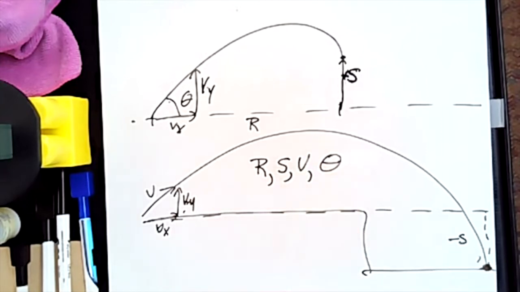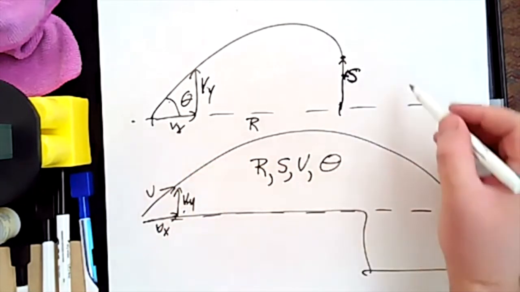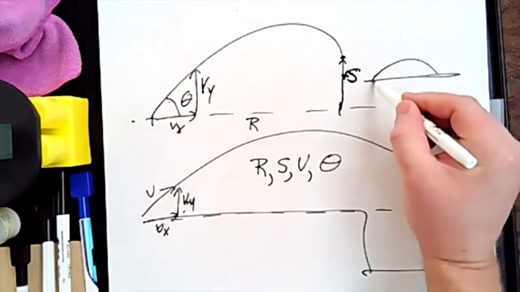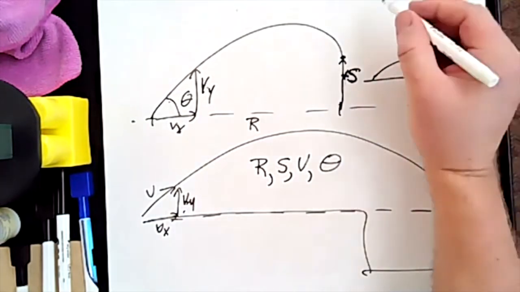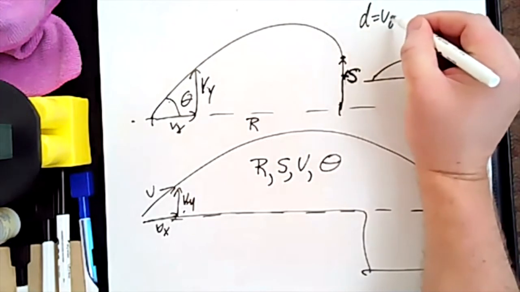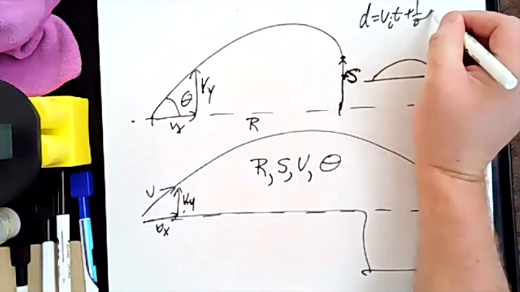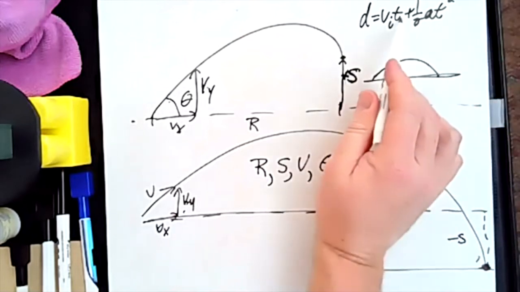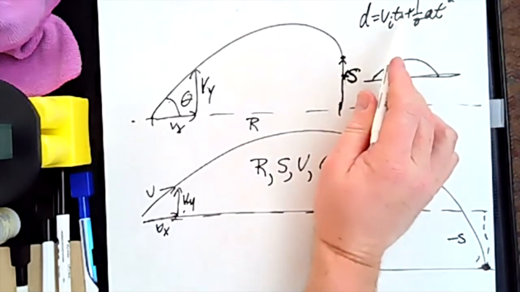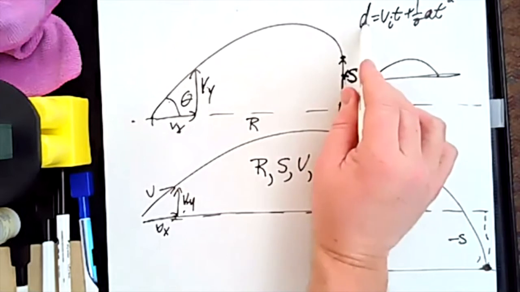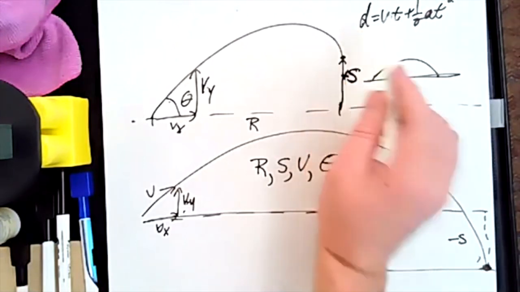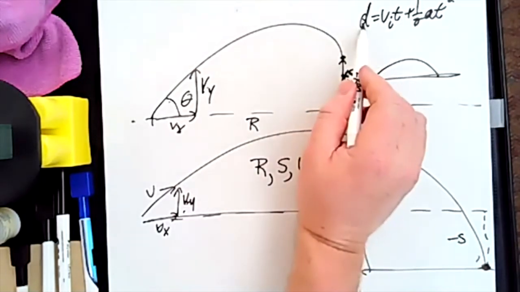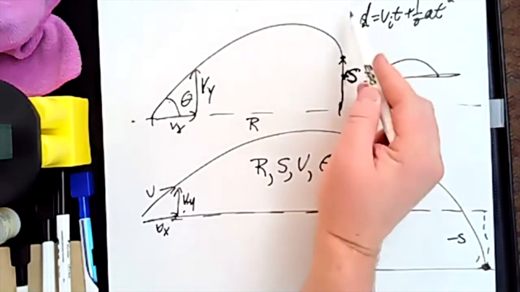The reason this is difficult is because whenever you are shooting and landing on the same plane, your S is 0. Your vertical displacement is 0. Remember this equation? When you solve for time on this, if your D, your S right here, is not 0, which means you're not shooting and landing on the same plane, like you're either above or below, this is not fun to solve for time.